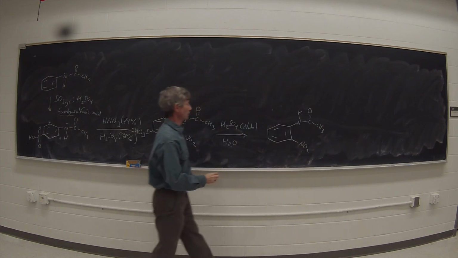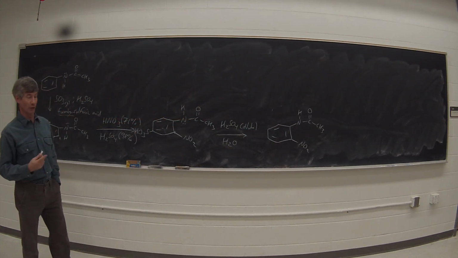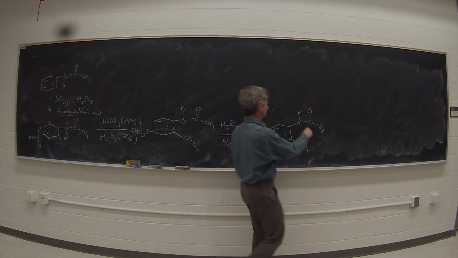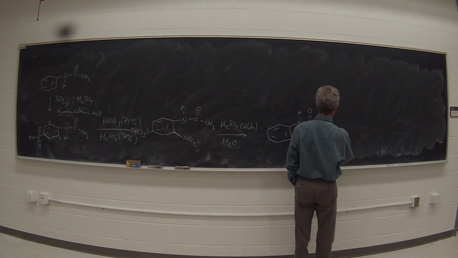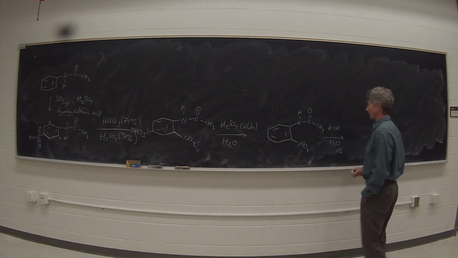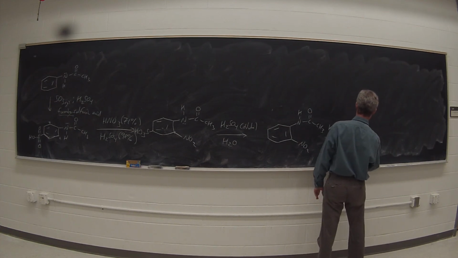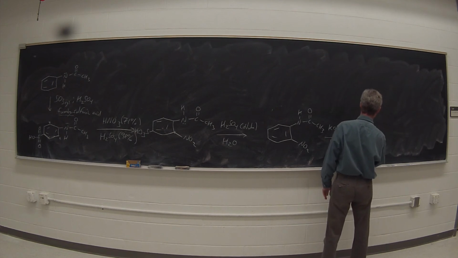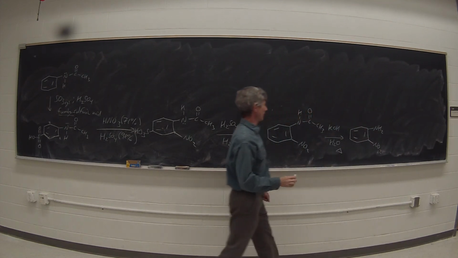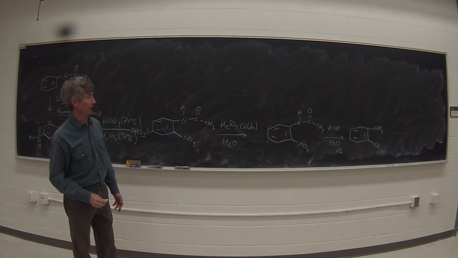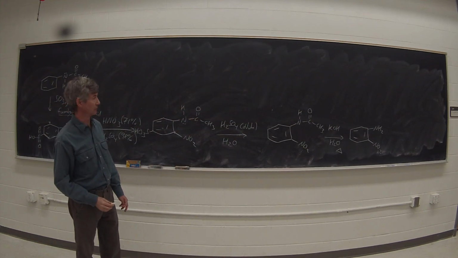Have our NO2 group. Now we're going to deprotect the acetyl group. So reaction with water and heat. Like a saponification reaction, but on an amide instead of on an ester. Acetic acid being the other product of that, or acetate ion in the case of sodium hydroxide.